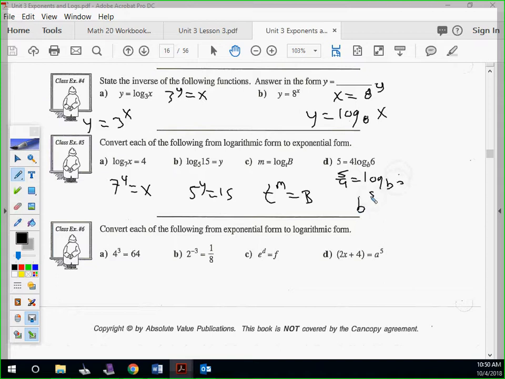It'd be b to the 5/4 equals 6. Base exponent equals, base exponent equals, move the 4, base exponent equals. For log form.